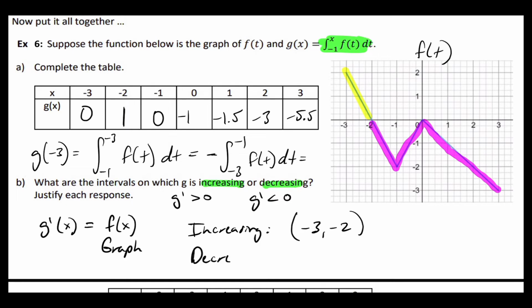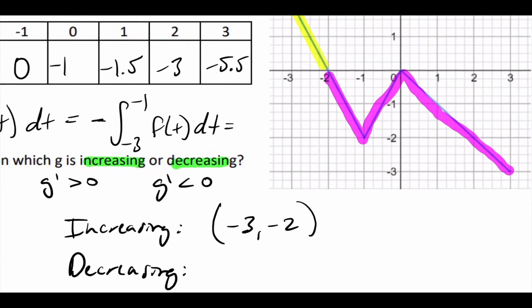Decreasing. So when it's decreasing is a little different. I've seen it written two different ways. Now you can see the purple is all in the negatives, right? So sometimes, and I think Delta Math does this, they'll say everywhere from -2 to 3, because that's where it ends. And I've seen some do it this way.